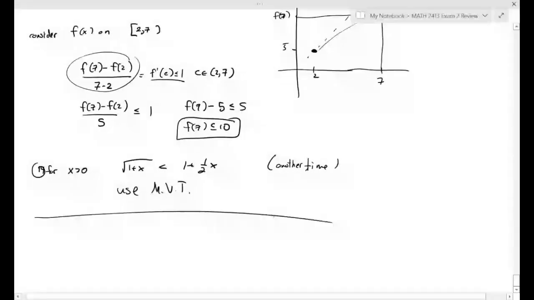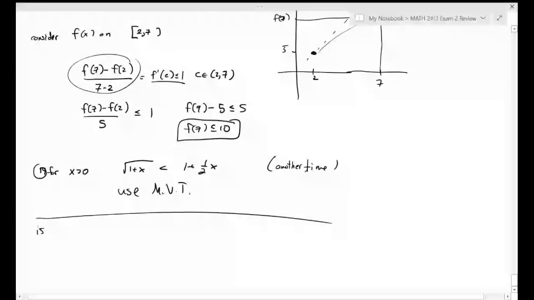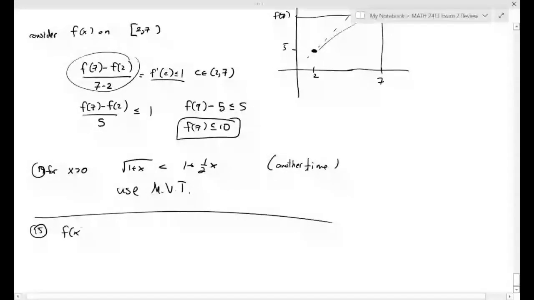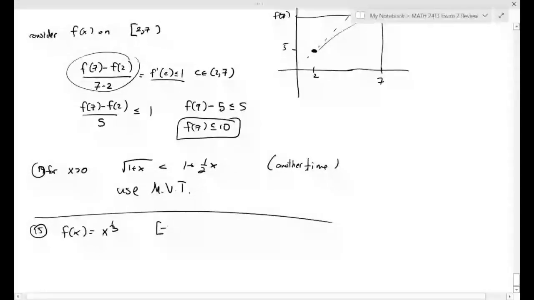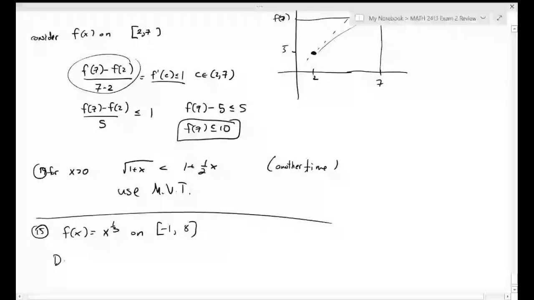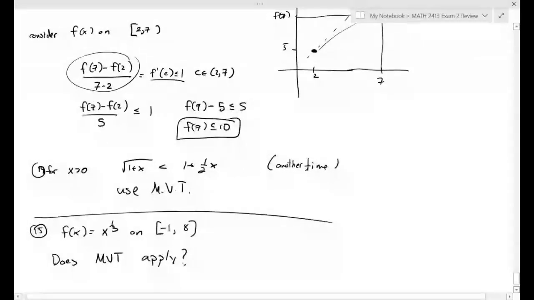Just a quick conceptual question: would the mean value theorem apply to this function on this interval? The answer's quick, right? In your head, you can differentiate that.